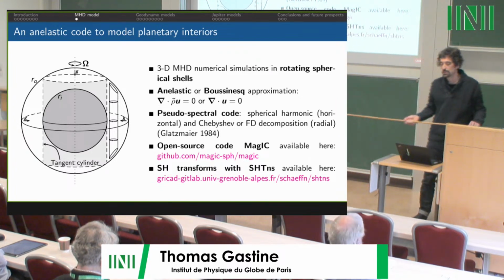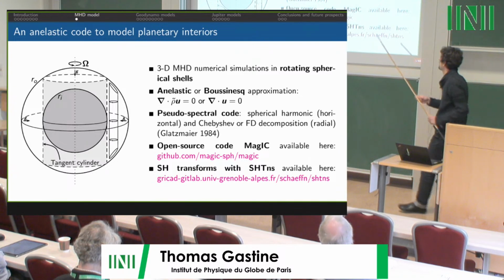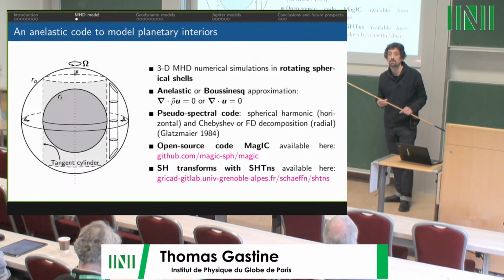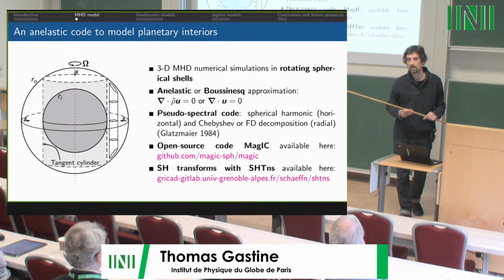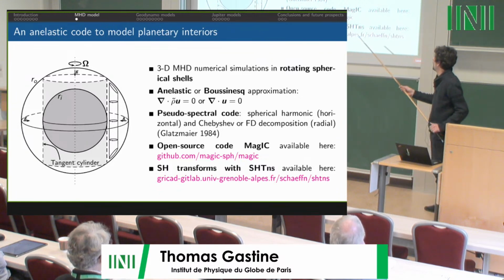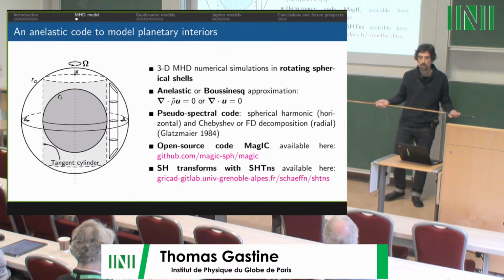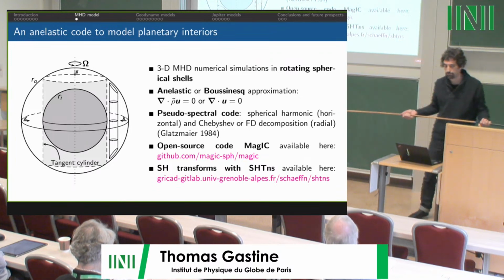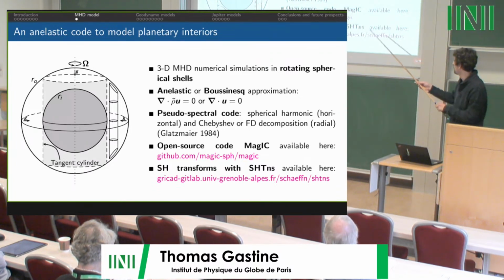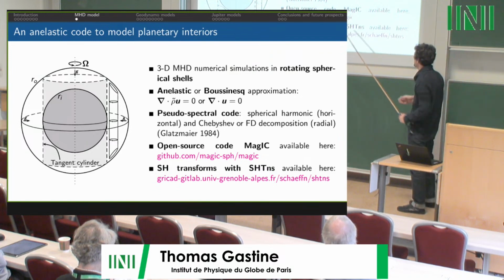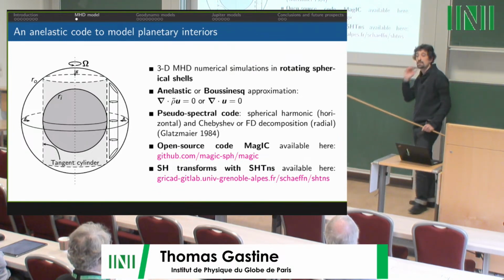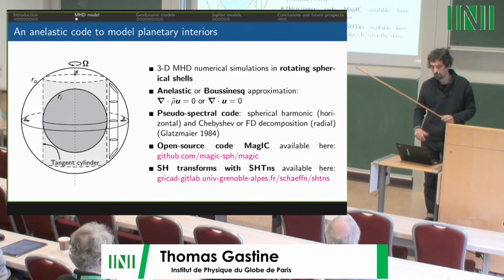That means that the horizontal directions are expanded in spherical harmonics, and the radial direction is expanded either in Chebyshev polynomials or with finite differences. And in that sense, it's still very close to the algorithm put forward by Glatzmaier in 1984. I will be using the MagIC code in combination with the SHTns library for the spherical harmonic transforms.